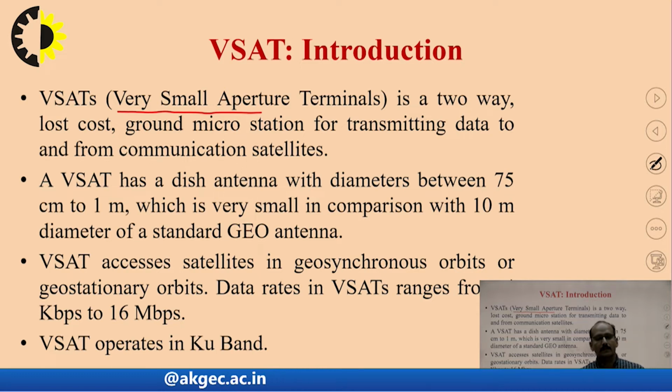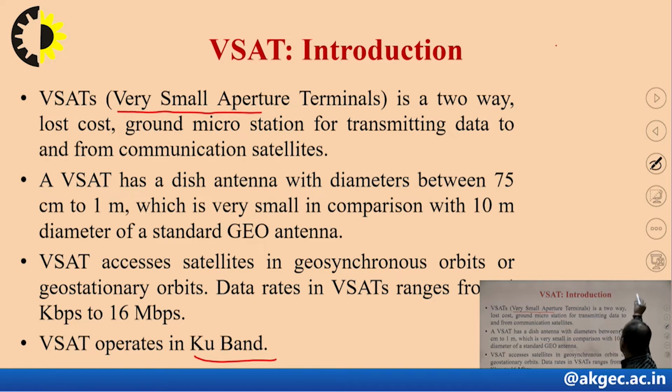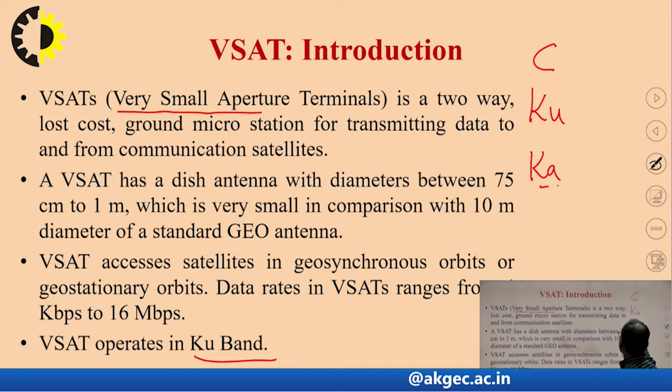Once again, a new picture is coming: VSAT operates in the Ku band. For the transponder, basically they are using C, Ku and Ka bands.